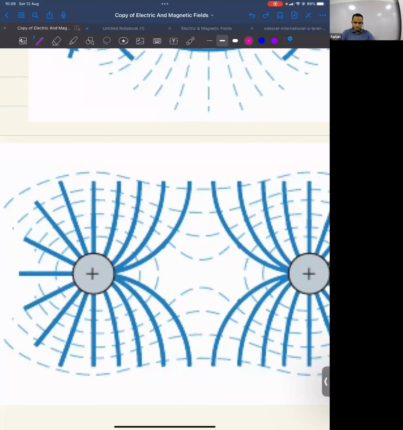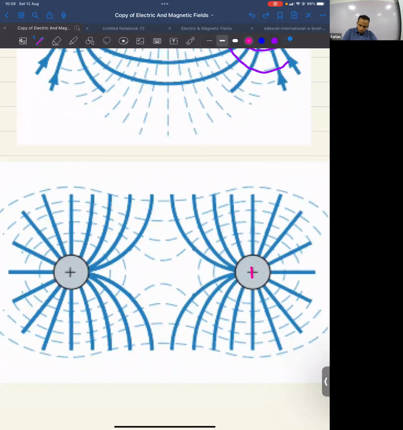So here also, draw it in a way that this side will be closer compared to this one.